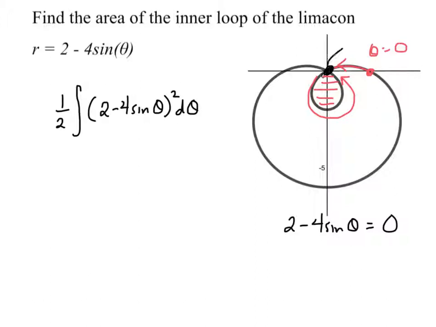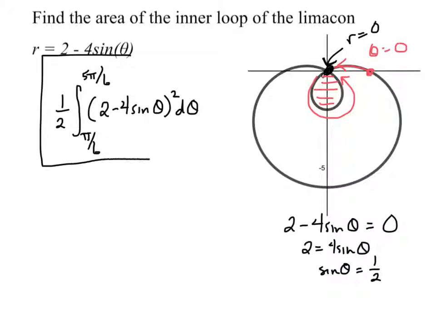So then I could solve. We're essentially looking for where sine is 1/2. Well, that occurs at pi over 6 and 5 pi over 6. So this is the integral that would find the area of just that inner loop.